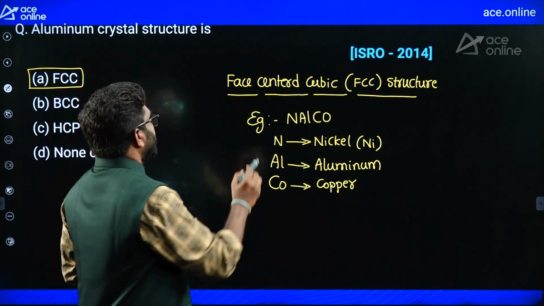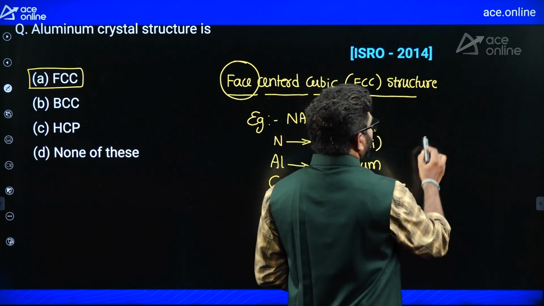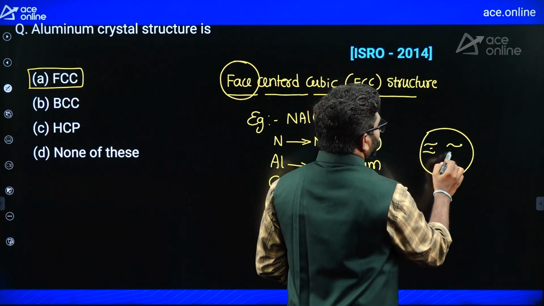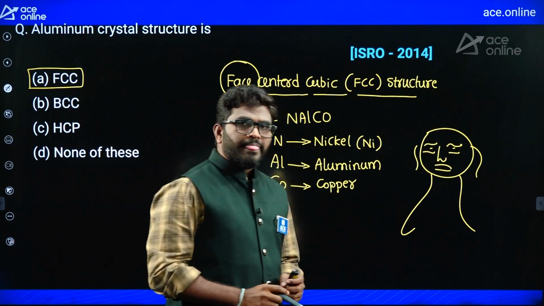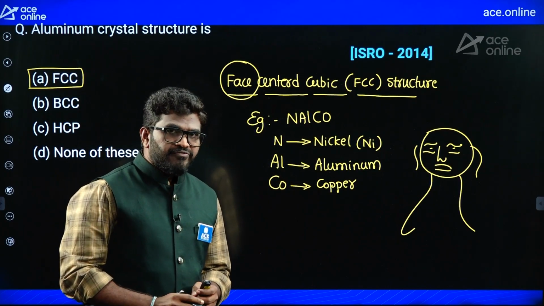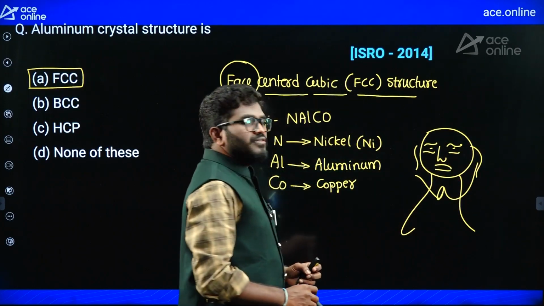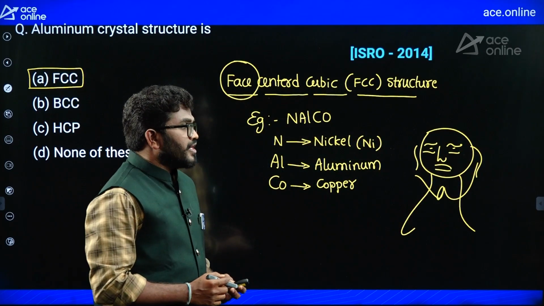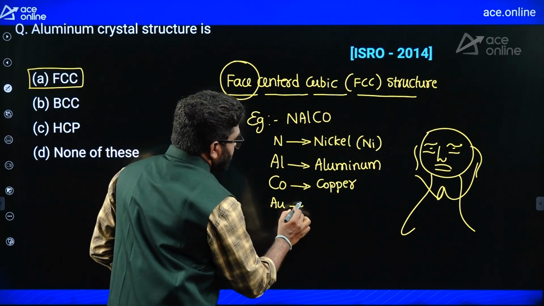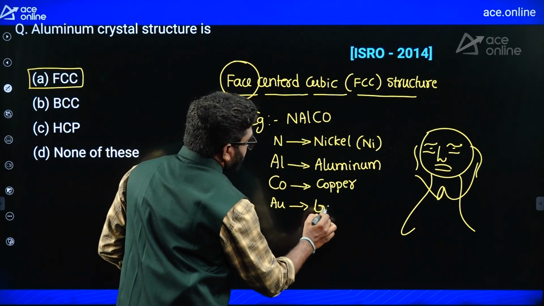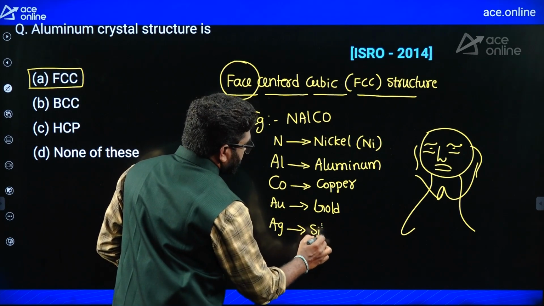Remember a hint: face. The face of a human being. How will you beautify the face of a human being? Ornaments, you can take ornaments. Ornaments are made up of gold, silver, platinum. So you can say gold also comes under this category. Silver is also in this category.